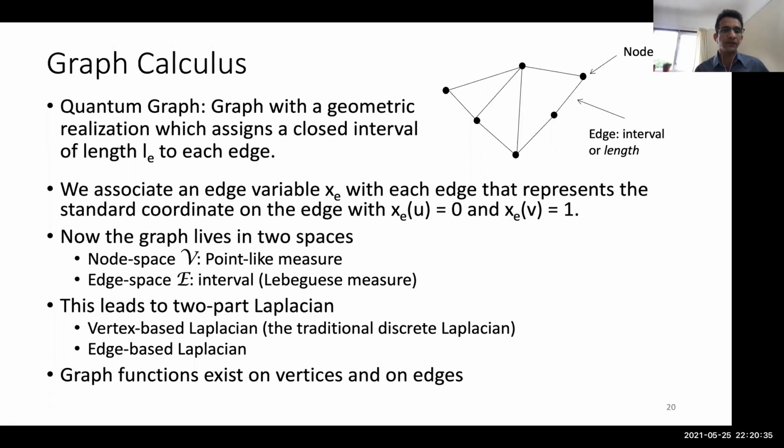This led us to a 2-part Laplacian. One is the vertex-based Laplacian, which is the traditional discrete Laplacian, and the other is the edge-based Laplacian. And now the functions may exist on both the vertices as well as on the edges of the graph.